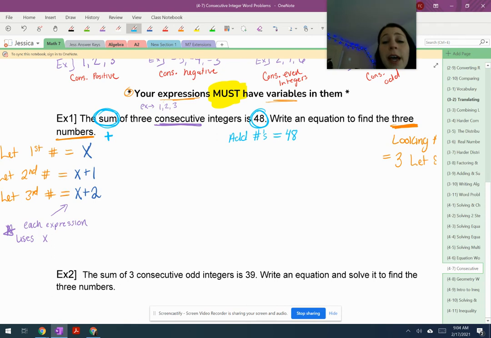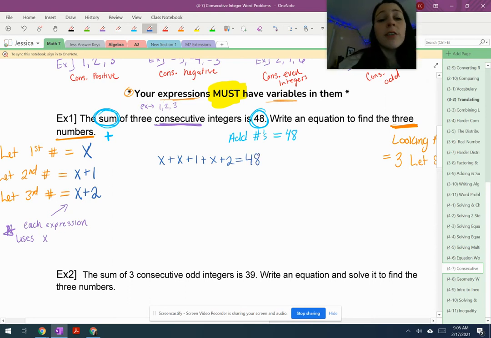Okay, so now we're going to add those numbers together to get that 48. So that's where my equation comes in. X plus 1 plus X plus 2 is equal to that 48 that they told us about. And now we have an equation that we can solve. So this is a multi-step equation. I've got like terms that I can combine first. So I'm going to make a note of that.